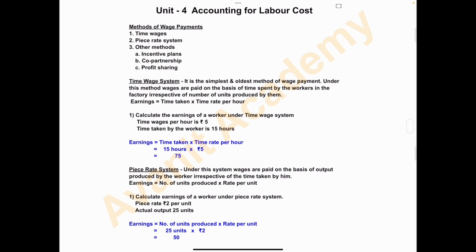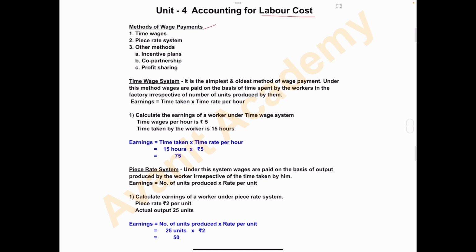Unit 4. Accounting for labor cost or labor costing. In this unit, you will learn the concept labor cost and will solve problems on calculation of earnings of workers under different methods. Let's study the methods of wage payments. There are three different methods of wage payments.